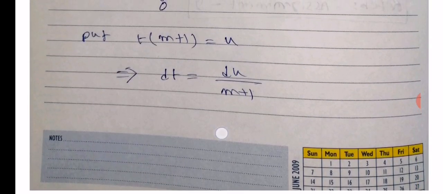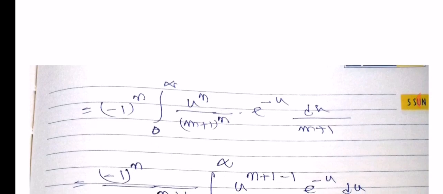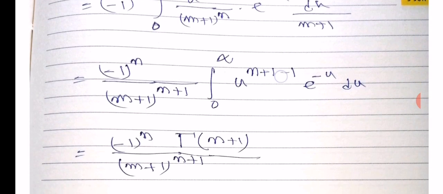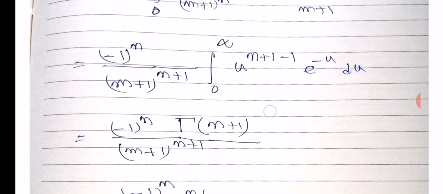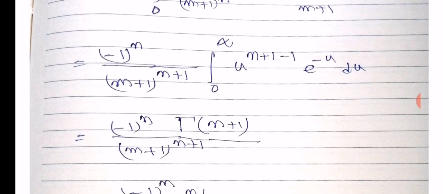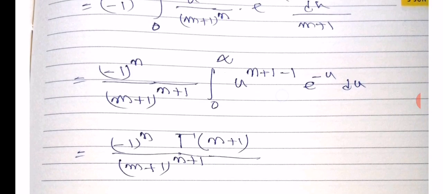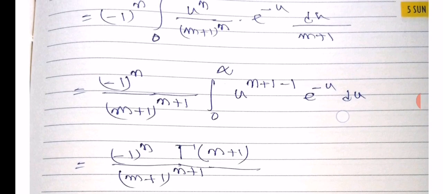So after substituting these values, you will finally get (minus 1) to the power n integration 0 to infinity u to the power n by (m plus 1) to the power n e to the power minus u du by (m plus 1). So after calculating this, you will get (minus 1) to the power n by (m plus 1) to the power n plus 1, and this is of the form u to the power x minus 1 e to the power minus u du.